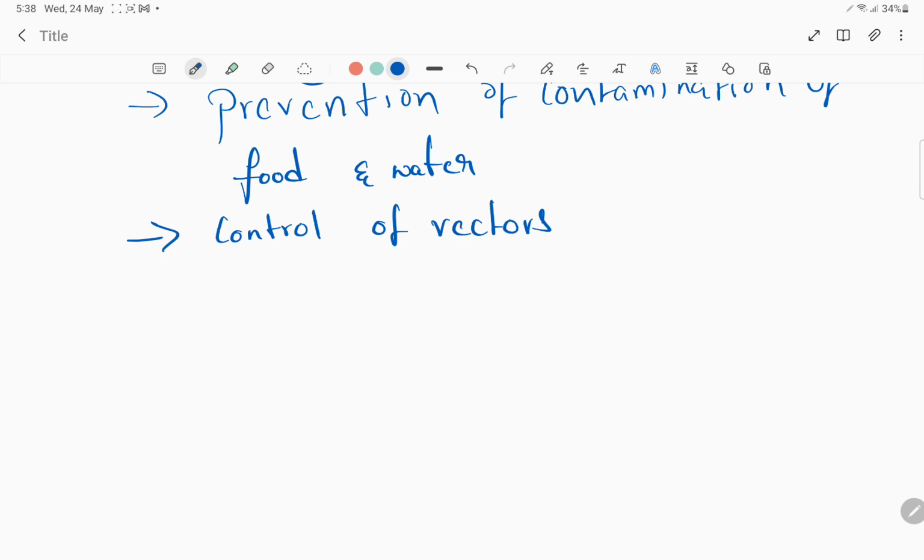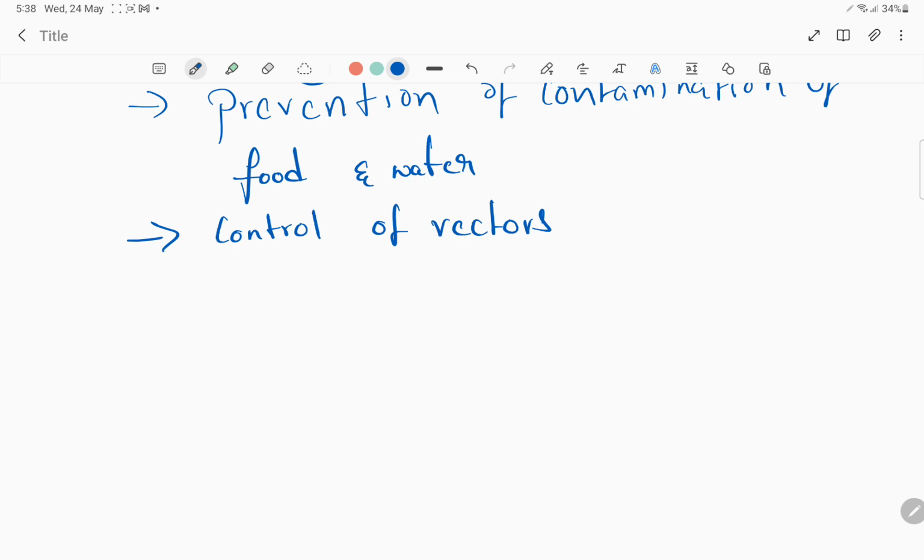After passing stool, near open grounds and water bodies care has to be taken. Community hygiene includes sewage disposal, purification of drinking water, and disinfecting the water by adding chlorine.